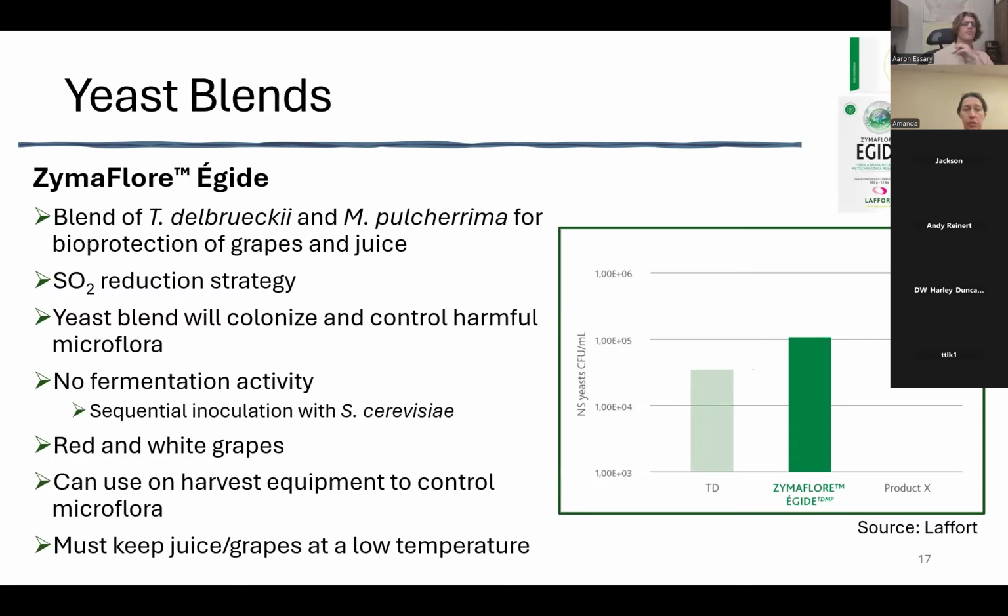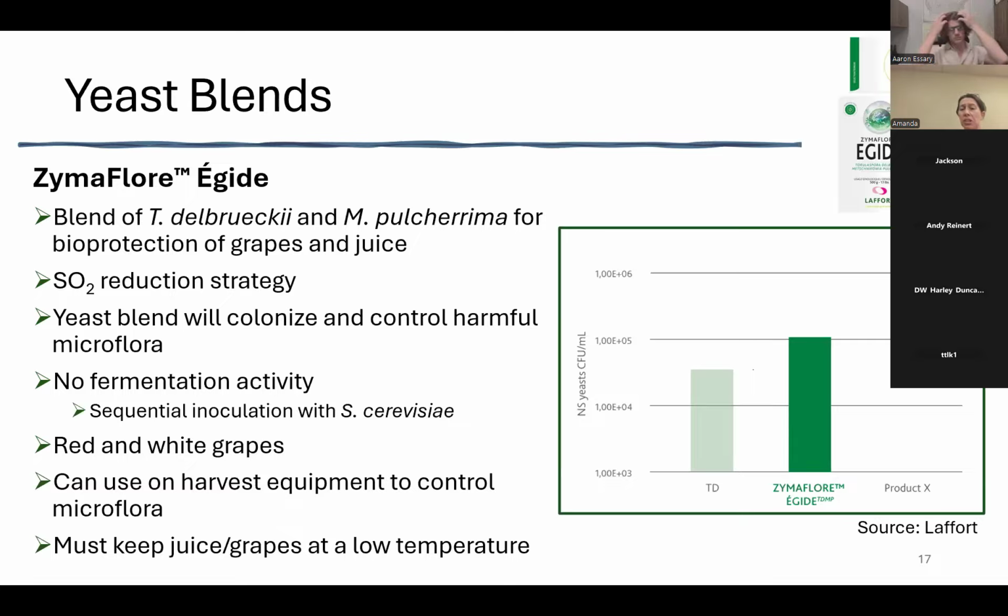So again, you'll have to do a sequential inoculation with cerevisiae, and it can be used on all different types of grapes and styles. I have heard of people who use the Pulcherrima or this yeast blend on their harvest equipment to control microflora during harvest picking. They'll put it in their bins, or on their machine harvester.